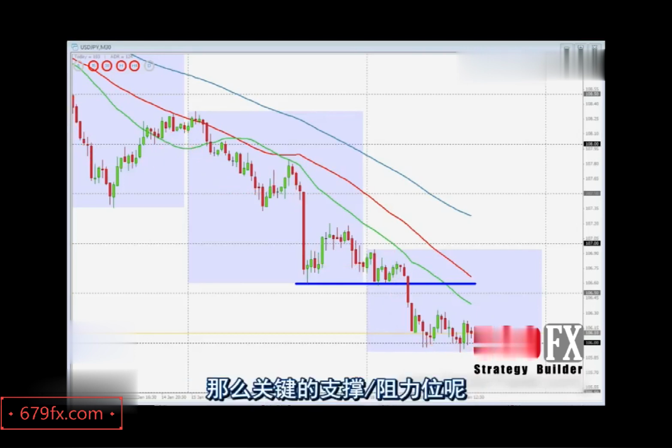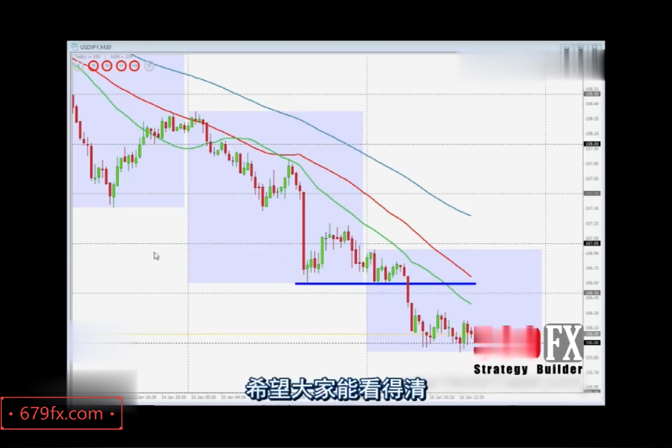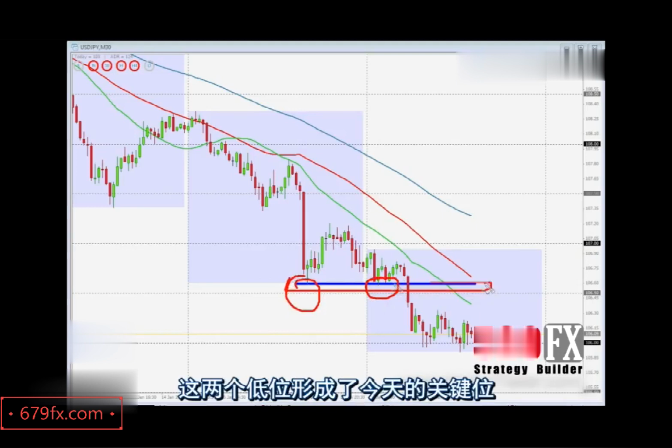What about the key levels of support and resistance for the day? I've already determined what the key level for the day is: the 10650, 10660 area with yesterday's low. Actually, it's a double bottom, right? I hope you guys can see this double bottom effectively forming.